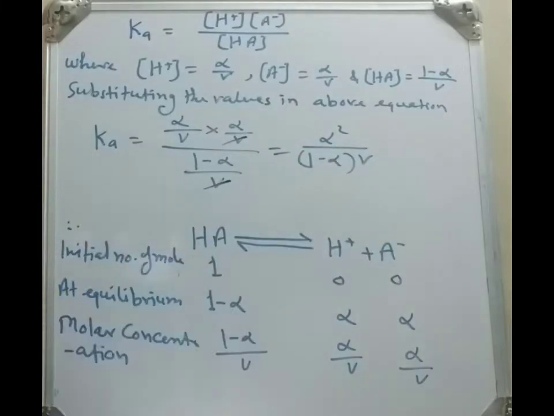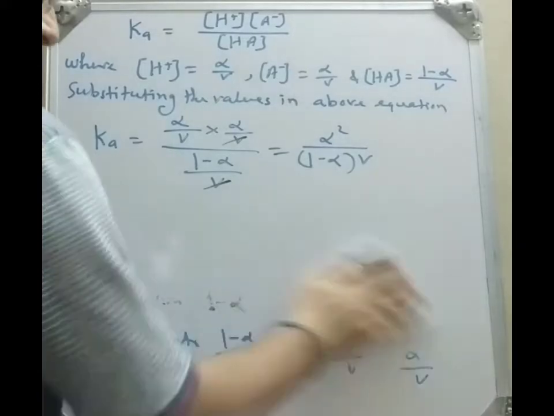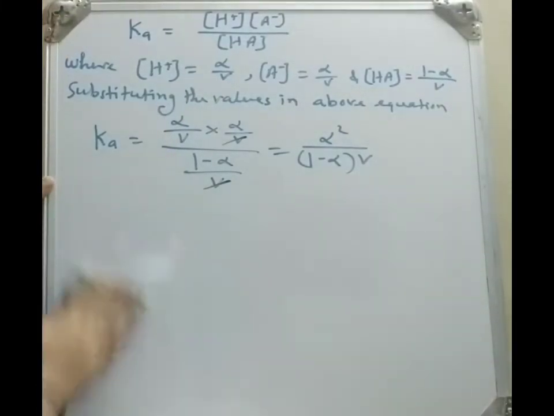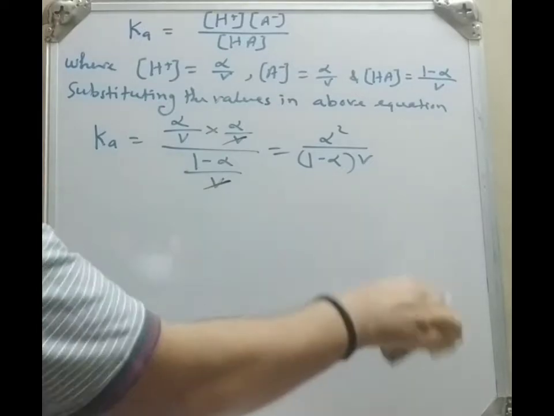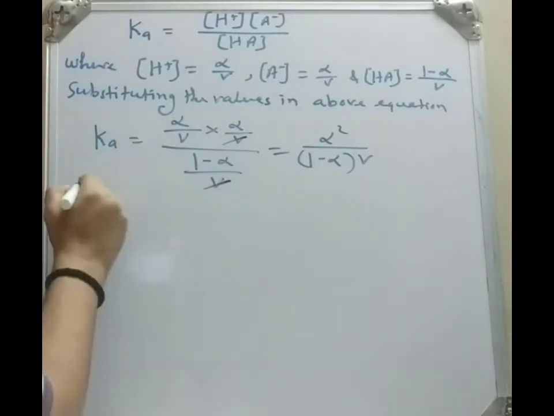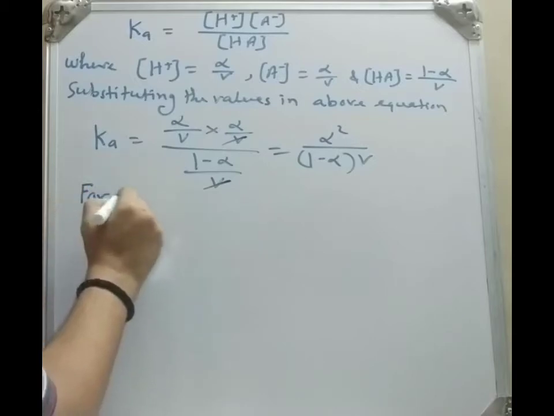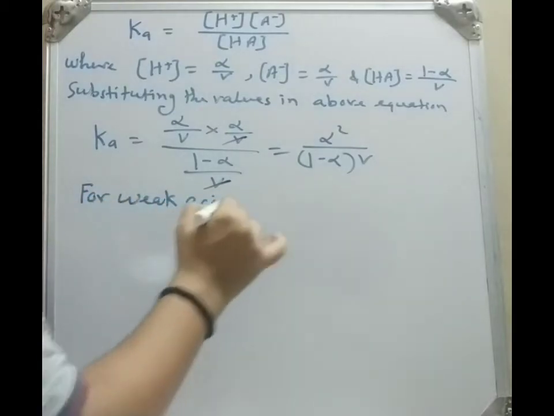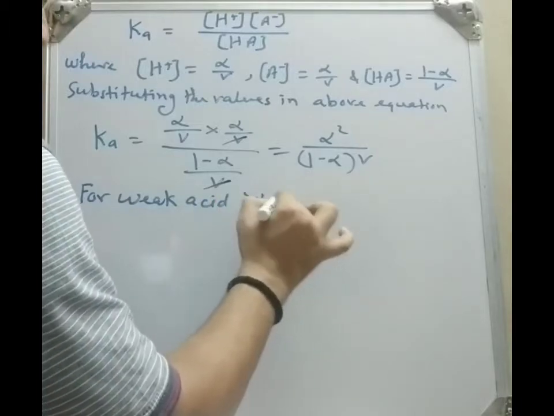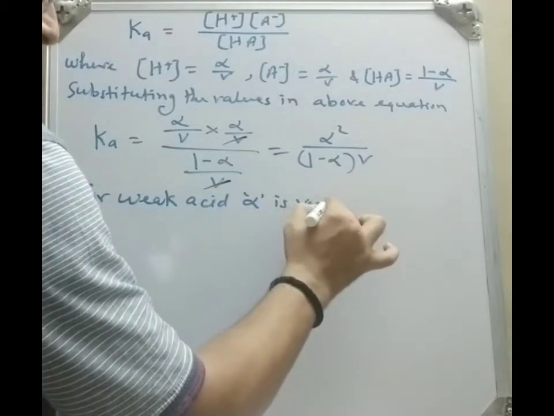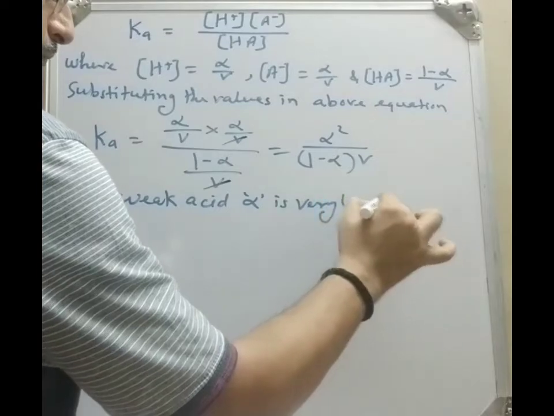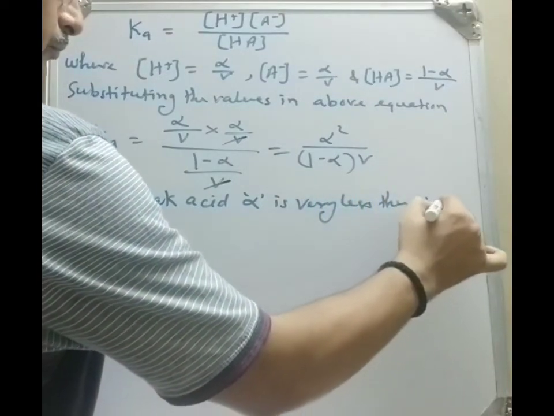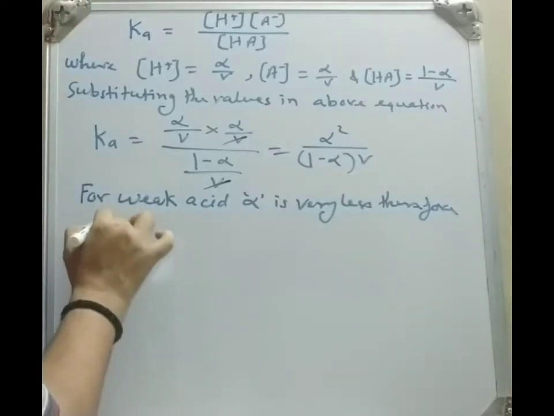Now for a weak acid, its degree of dissociation is very small, meaning the value of alpha is very small. Therefore, we can consider 1 minus alpha approximately equal to 1.